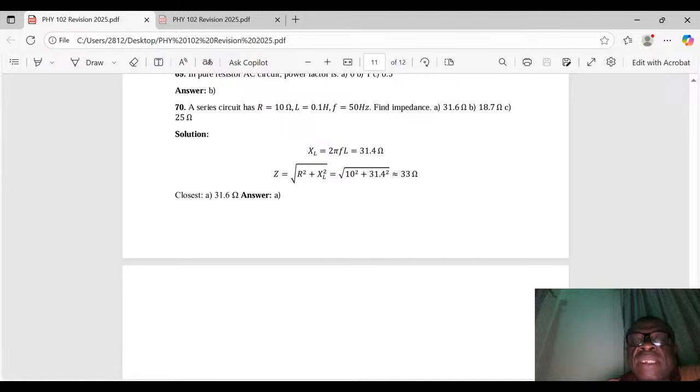Find the impedance. That is the total reactance. So look at the solution. Z is equal to the square root of R squared plus XL squared, and XL is already calculated to be 31.4. By the time you take the square root of that, you have 33 ohms, and the correct answer is A.